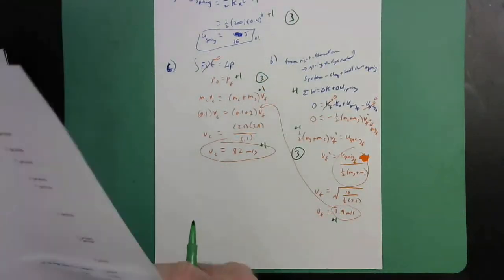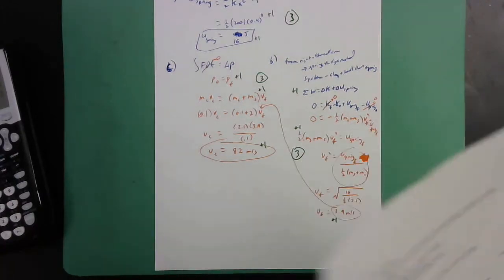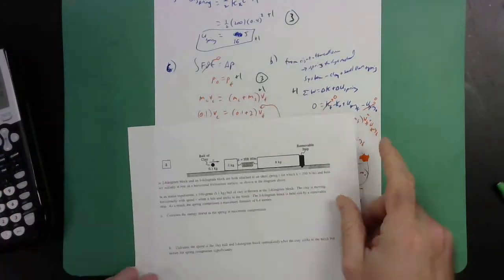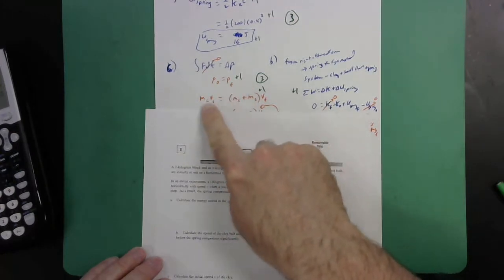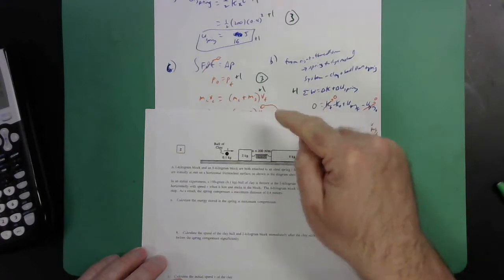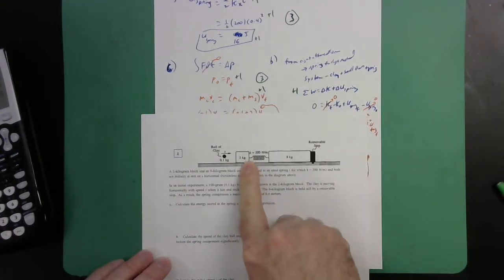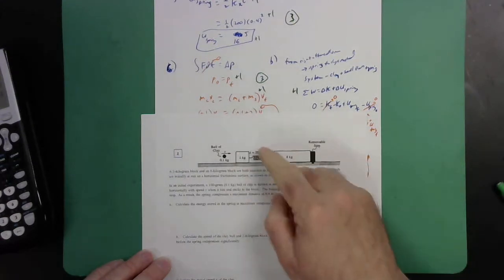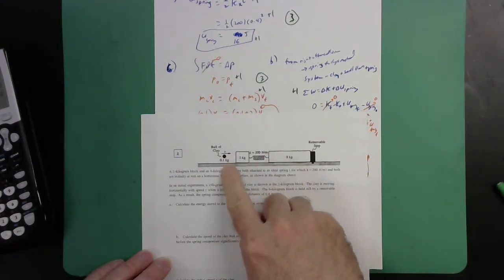What I would point out is a couple of things. I got my notation wrong. I did something bad: because I was looking ahead at this next part, I invented some variable names here. I called this small block M sub S for its mass, and this M sub C for the clay.